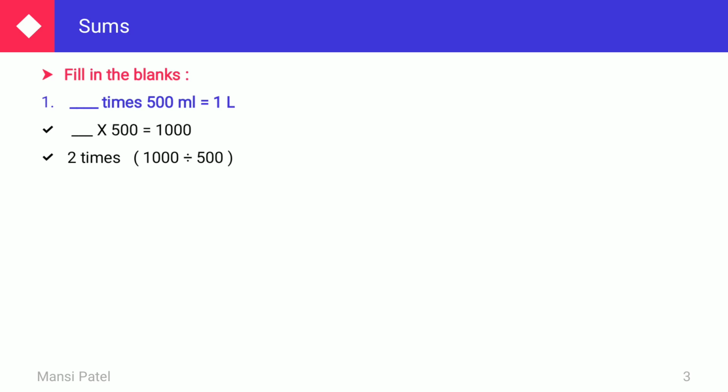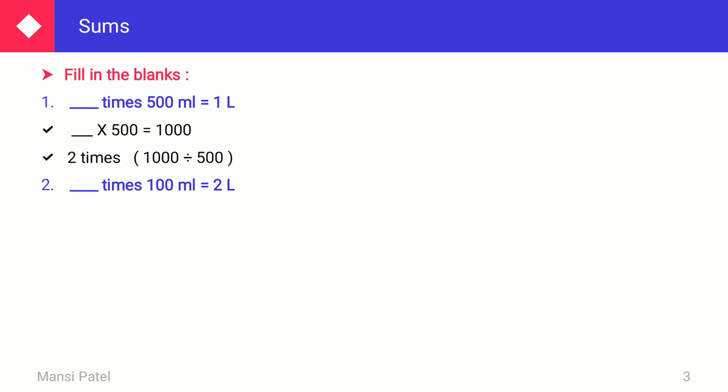You have to divide 1000 by 500. Your quotient is 2. Therefore, you write down 2 times. We can say that 2 times 500 milliliter is equal to 1 liter.